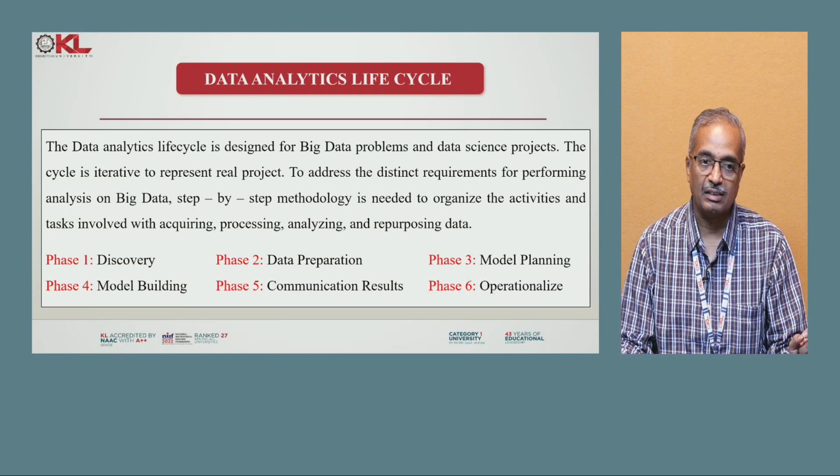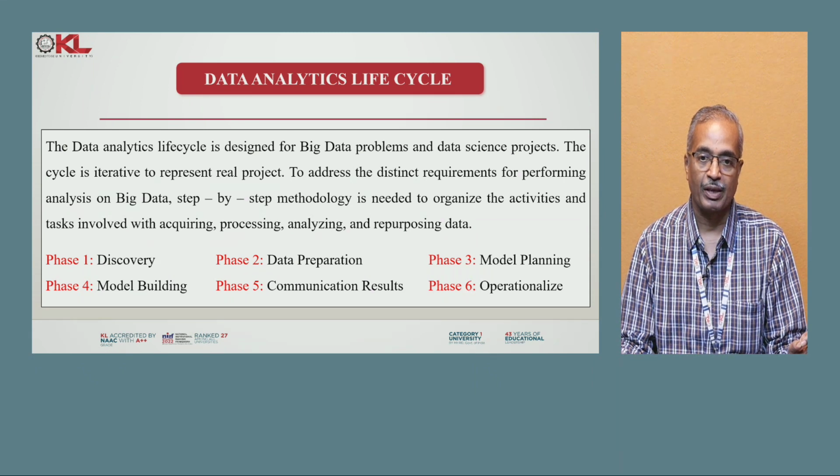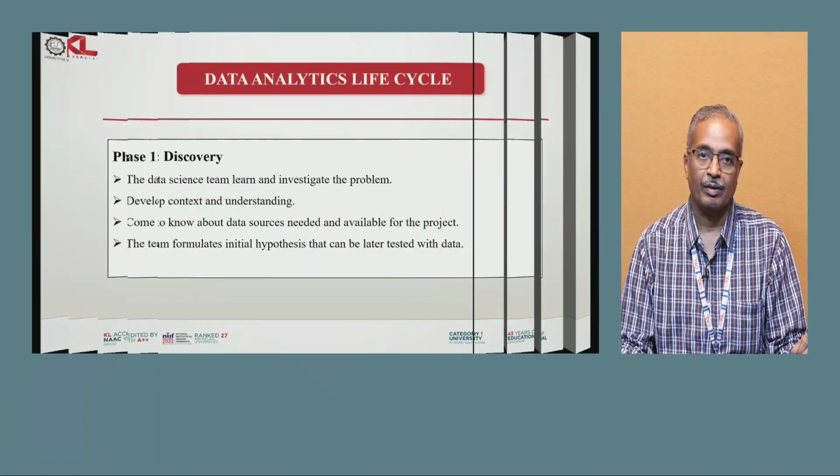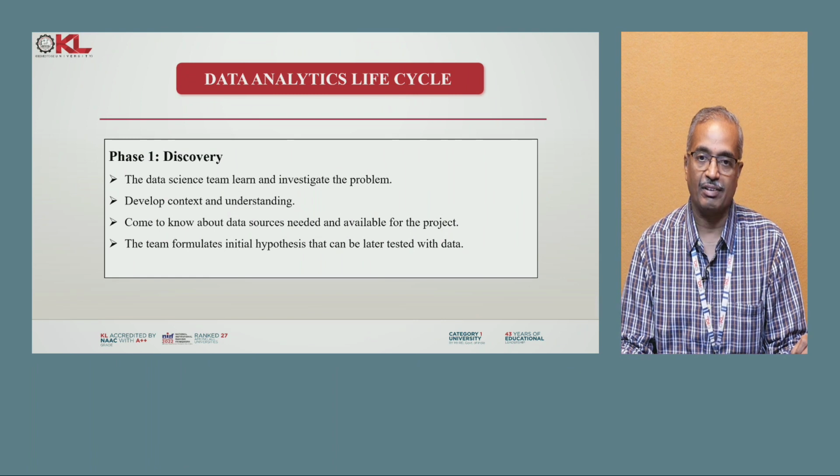Phase 1 discovery, phase 2 data preparation, phase 3 model planning, phase 4 model building, phase 5 communication results, phase 6 operationalize. This is the diagram of the total data analytics life cycle. The first one is discovery.